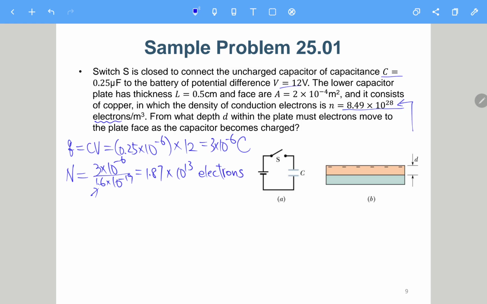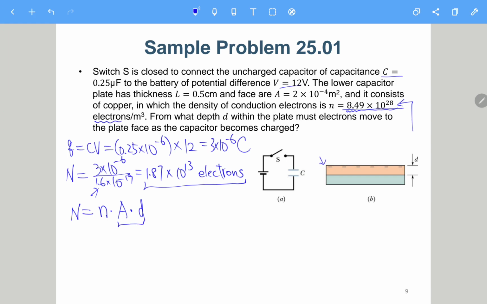So in that case, we would consider there are that many electrons on the surface, and it tells you the density, like the maximum density, can be this value. So we can calculate N equals the density n times the cross-section area A times the thickness d.